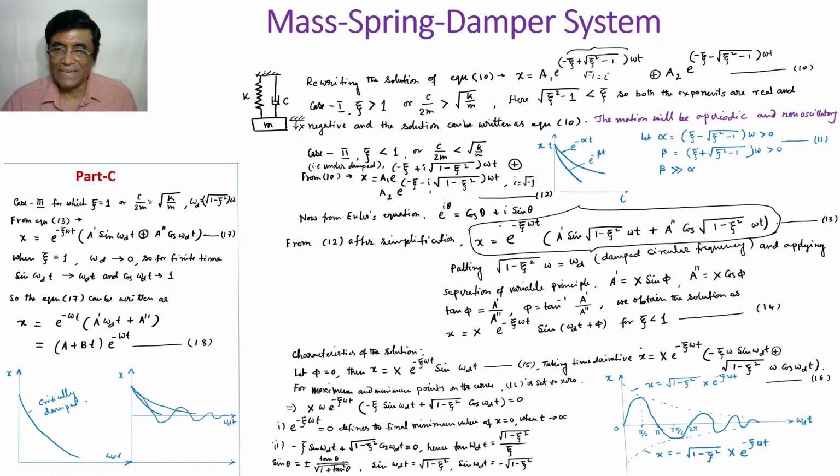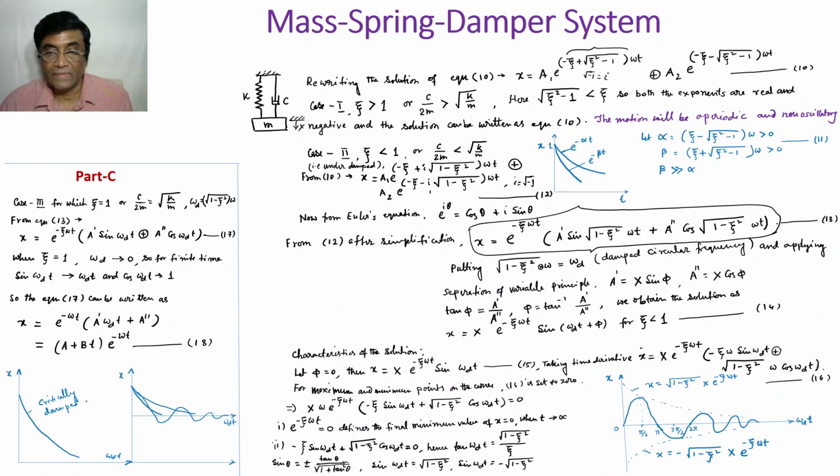So just pick them up and simplify, you will get e to the power minus zeta omega t, a constant times sine of this thing plus another constant times cosine of this thing. Putting this for simplification, this is called the damped circular frequency. Why? Because the circular frequency is multiplied by a quantity which contains the damping factor.